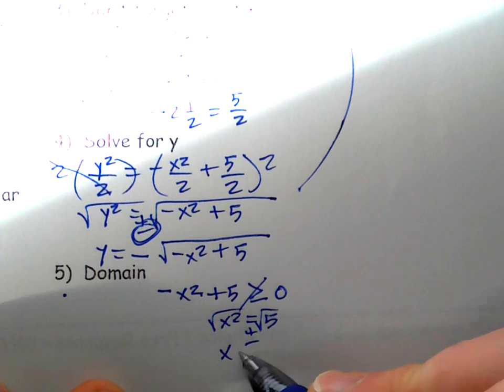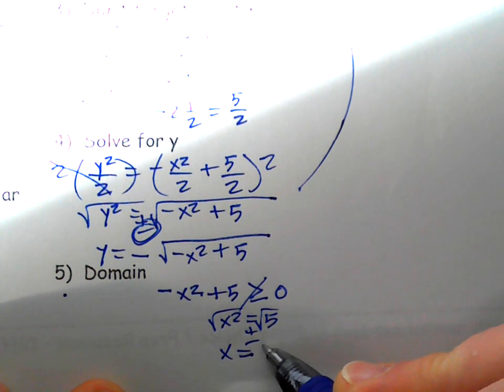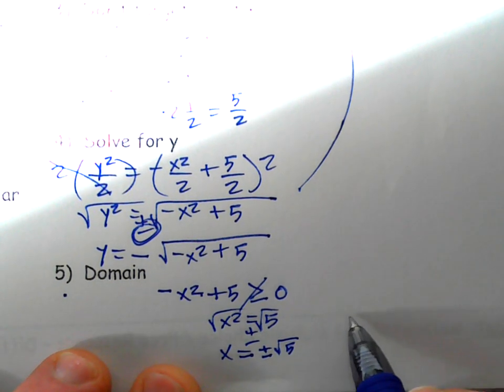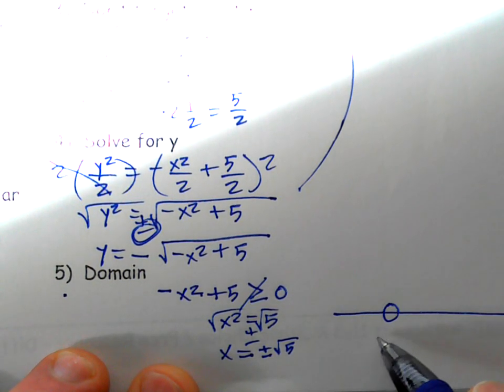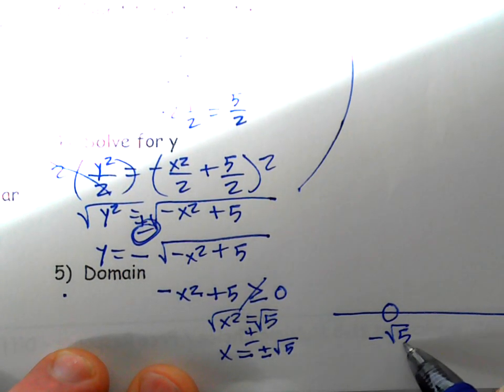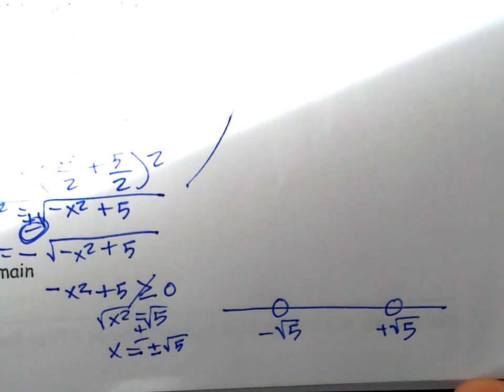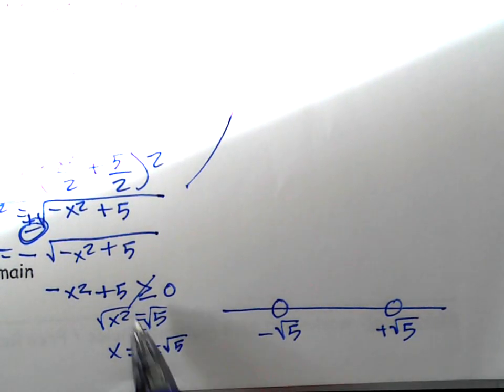So x can equal plus or minus root 5, but I'm going to make a number line and say those have to be open dots. We said the domain is a single open interval. So anything that's going to break up the domain needs to be an open dot, no matter what, even if it was okay up here.